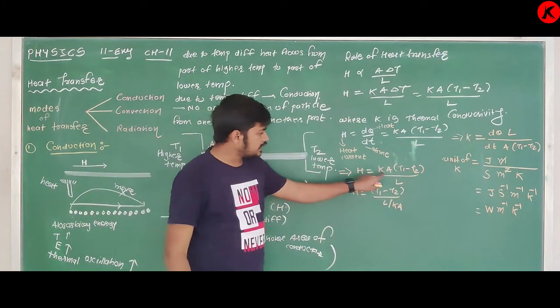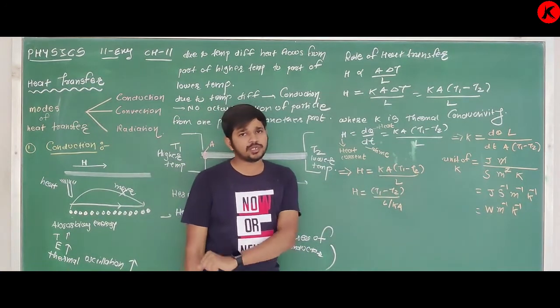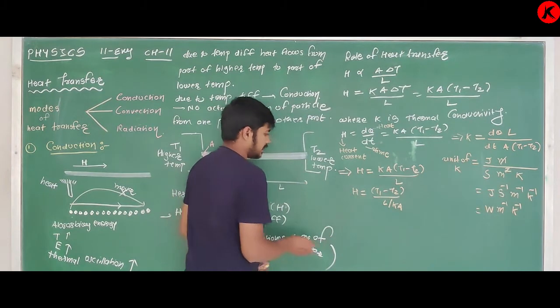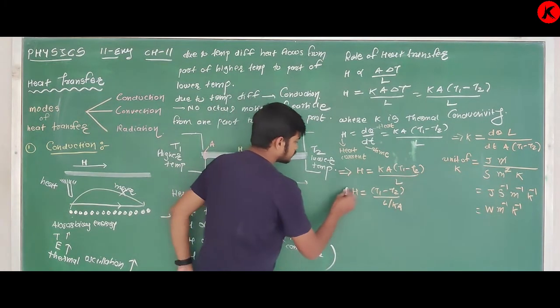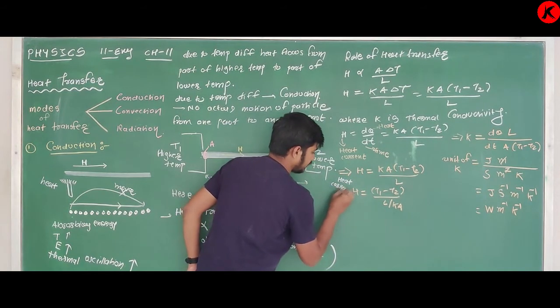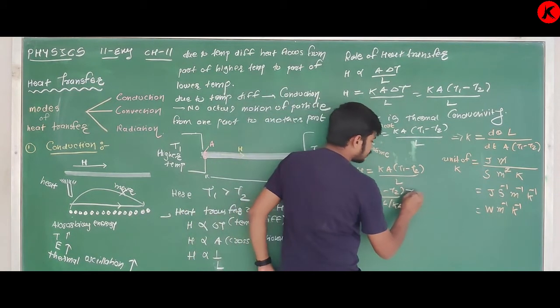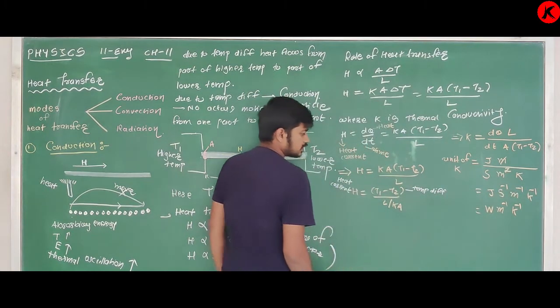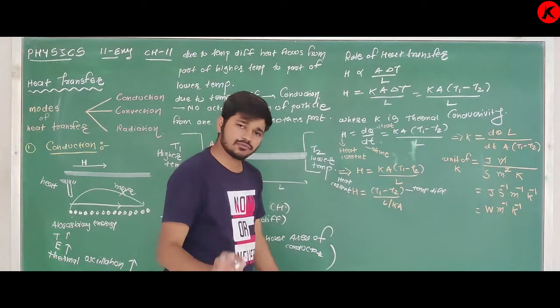Yes, I can write this KA in the denominator of the denominator. Then see, H is heat current, T1 minus T2 is temperature difference, and L upon KA I will write as this.